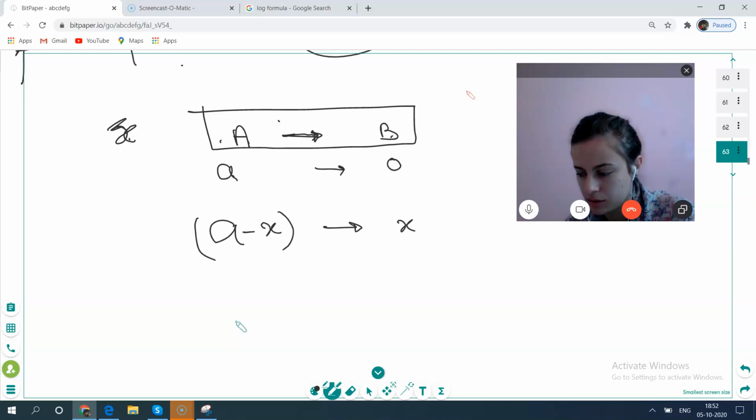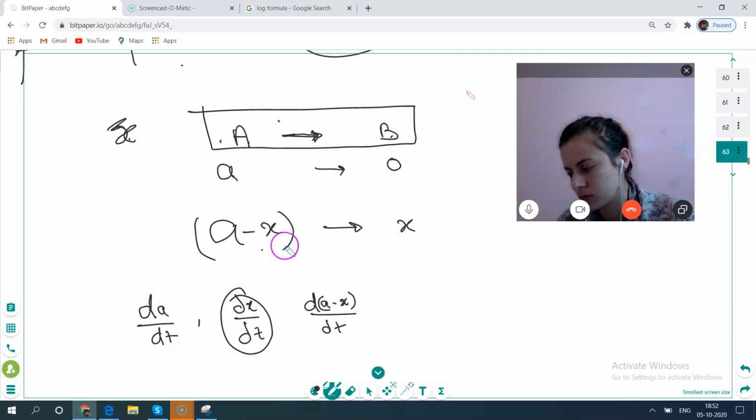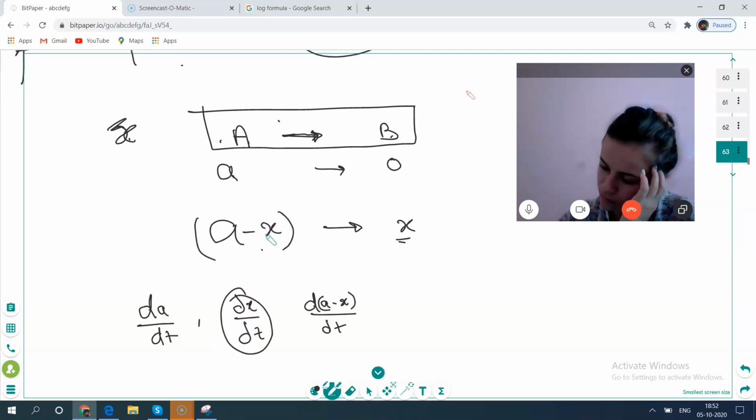I have given the three options. Not A minus x, it is dx by dt. How fast is this forming? x means how fast the concentration of A is changing.